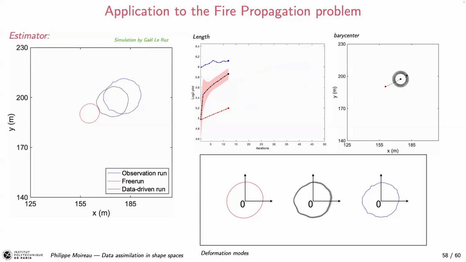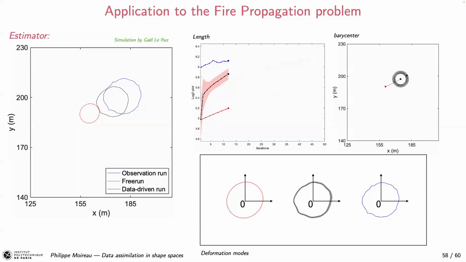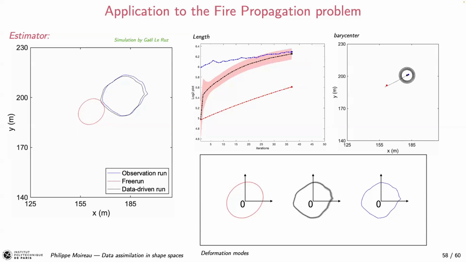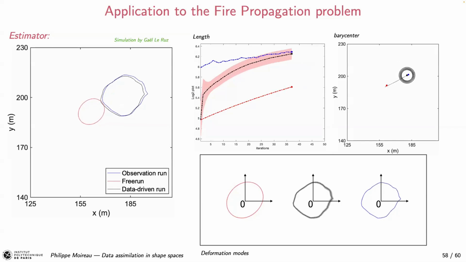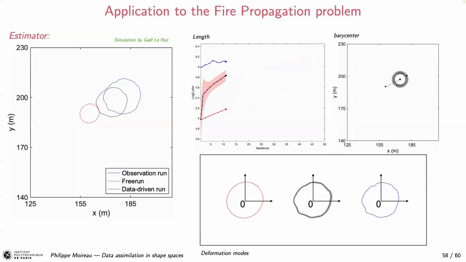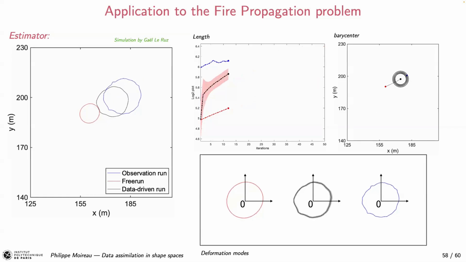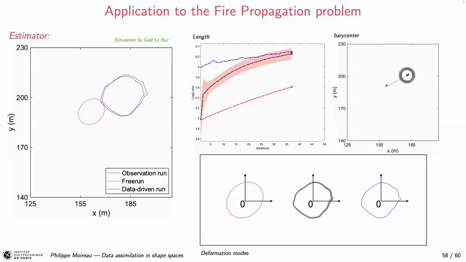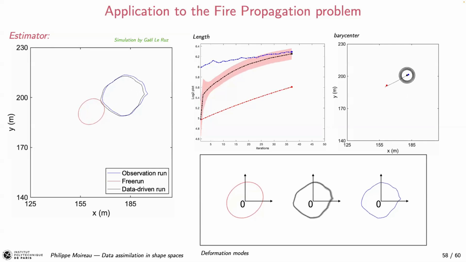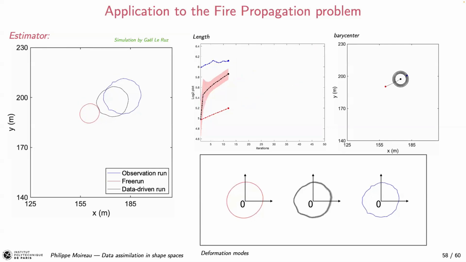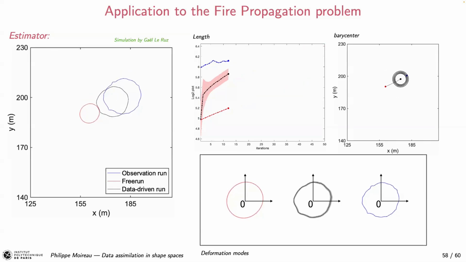This gives you where the barycenter should be, with the value function reconstructed from the covariance. And this gives you the modes of the shape computed from the covariance operator that we developed. So you compute through time a covariance operator, and from this covariance operator, by spectral analysis, you get the shape variation.